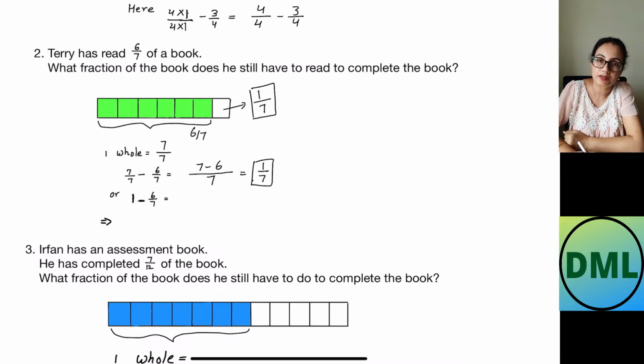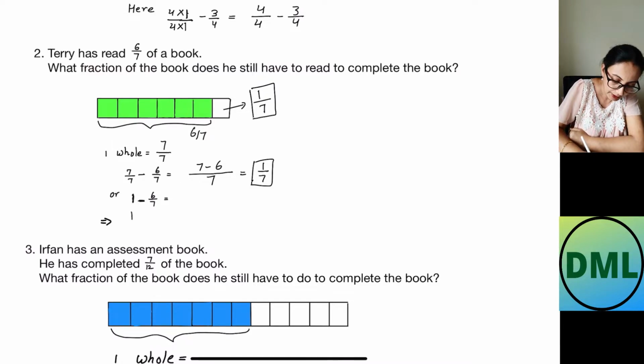Let's understand this with a different method. One whole, from the one whole, this complete is one whole. From this you have to subtract 6 by 7. So I write 1 minus 6 by 7. But I can't subtract it unless this 1 has the same denominator as 7. So let's make it 7.